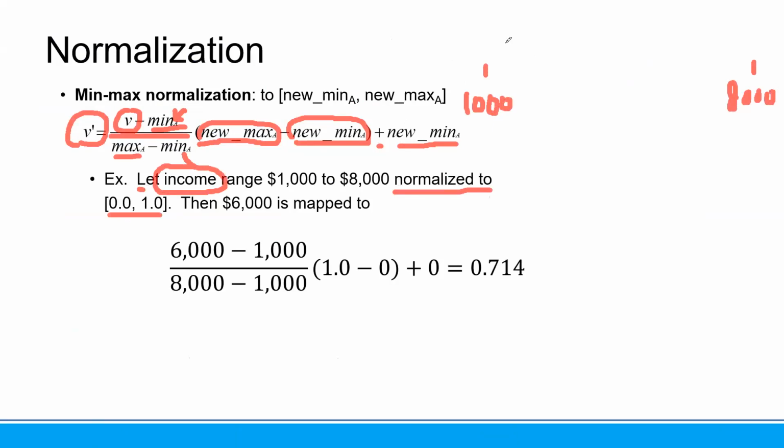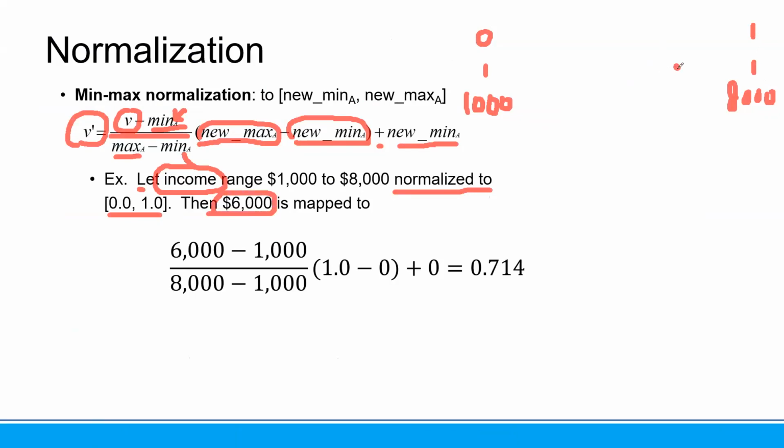Then the new value of 1000 will be 0, and the new value of 8000 will be 1. Then how can we create the value? I would like to know if I have a value 6000. So 6000 will be around here. So what is the value of 6000 in the range of 0 and 1?